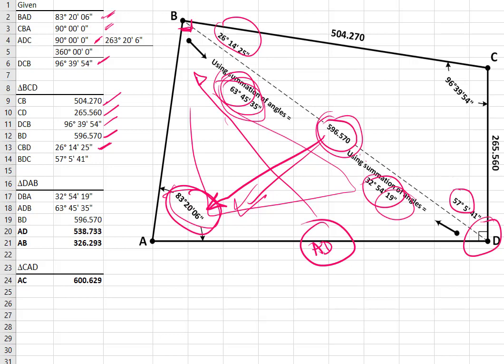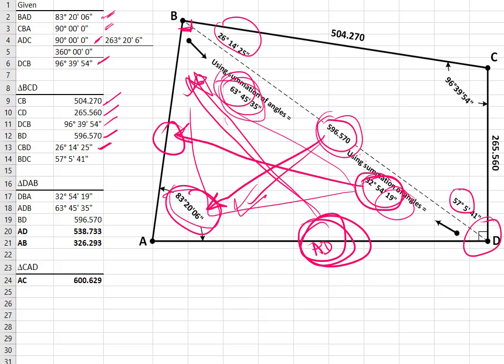This is the only unknown in the equation. Then we can also use this angle 32 and the opposite side, with the same AD here and the opposite angle. They are known to calculate AB.